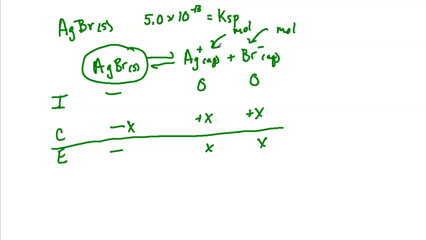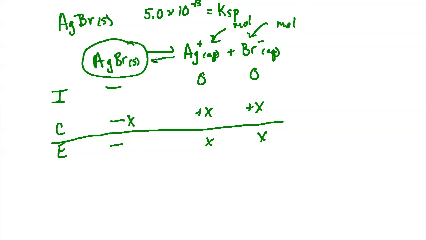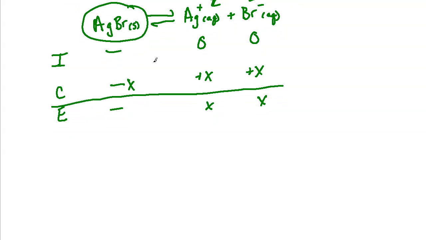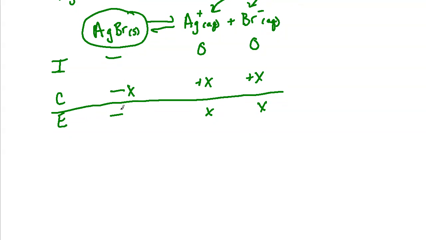And if I know the moles, then I can find the molarity of the AgBr. Okay, so I'm not going to find it directly through the ICE chart here, but I can indirectly find it by solving for the products and relating it back to that. Right? Now in this case it would all be 1-to-1.